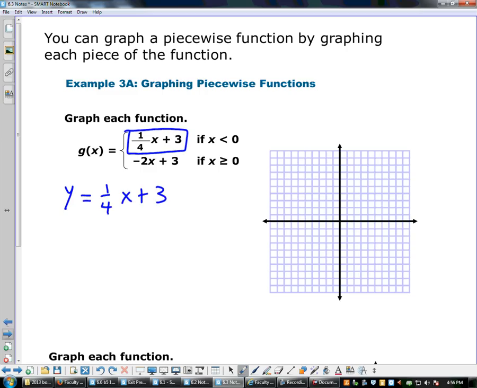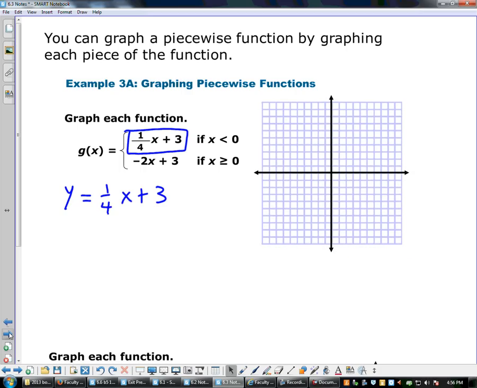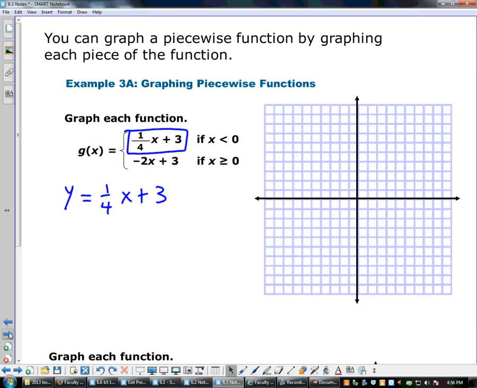So we're really graphing the line that has a y-intercept at 3 and slope of 1/4. So I'm going to go up 1 to the right 4, up 1 to the right 4, and I get this line coming through like this.